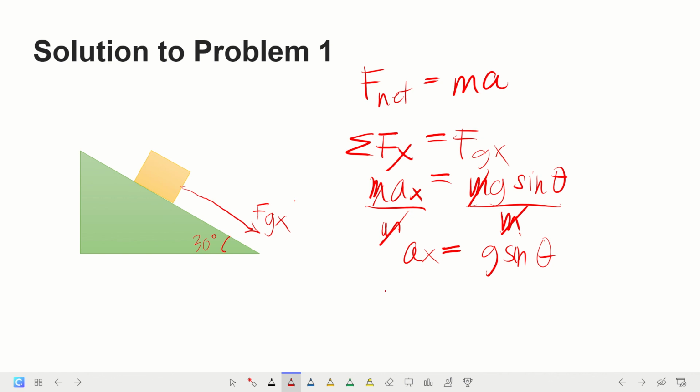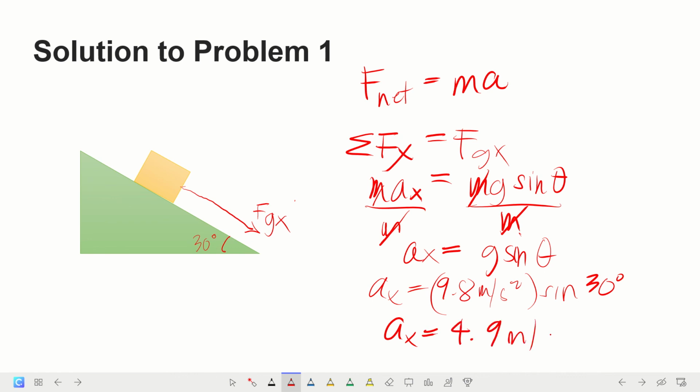So therefore, ang acceleration natin, if we substitute this with our value, so the acceleration due to gravity is 9.8 meter per second squared, and the angle is 30 degrees. So 9.8 meter per second squared sine 30 degrees will give us an acceleration equal to 4.9 meter per second squared.